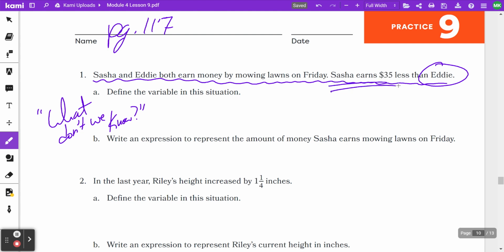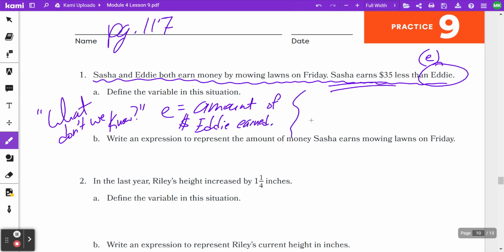So if Sasha is earning $35 less than that, well, I don't know what Eddie earns, so how about a little e for Eddie? So little e will equal or represent the amount of money Eddie earned. There you go.